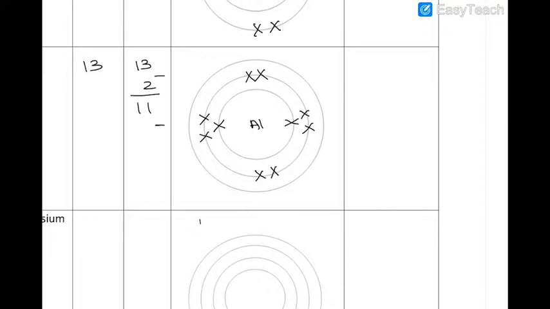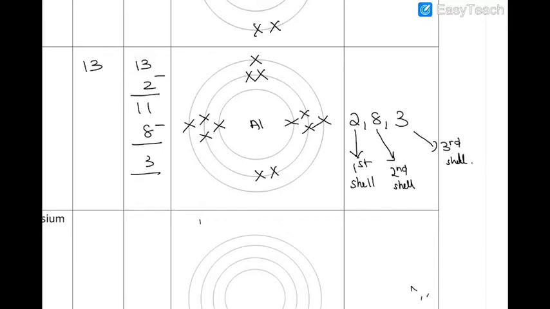From 11, I have already filled up 8, so I have 3 left. The third shell can hold up to 8, so I'll just include the 3 electrons. So the electronic configuration is 2, 8, 3. First shell has 2, second shell has 8, and third shell has 3.